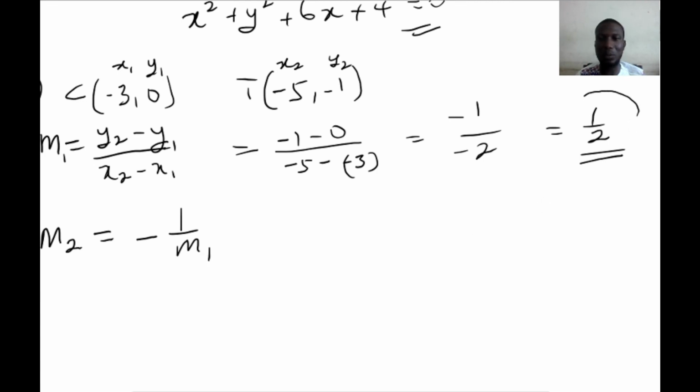This is our m1, and the reciprocal of this is 2/1, which is the same as 2, and we are going to negate it. So, let's just conclude, therefore the gradient of our tangent is negative 2.